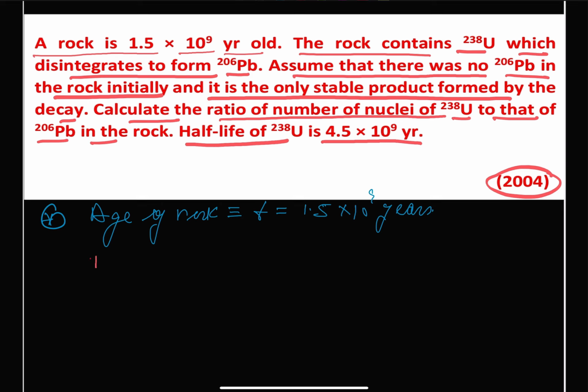So T half of uranium is given as 4.5 into 10 to the power 9 years. And it is said that initially there is no lead, only the uranium is present, and this lead is a stable product. And we need to find out the ratio of the number of nuclei of uranium to that of the lead.